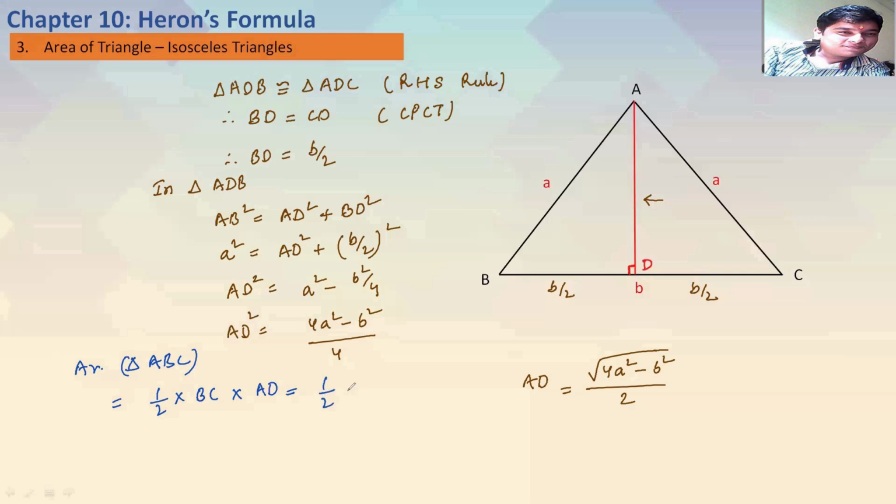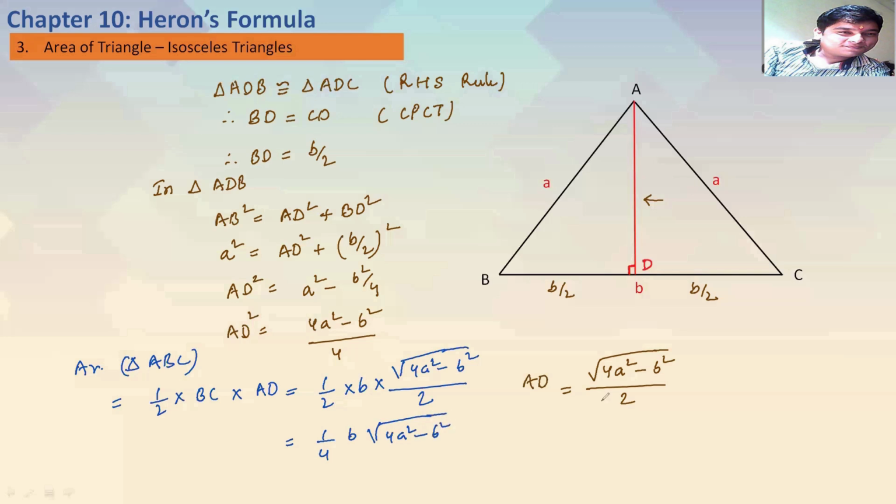Half into BC is B into height. What is height? Under root 4A square minus B square divided by 2. So this is now the formula. Okay, Manya, 4A square minus B square.